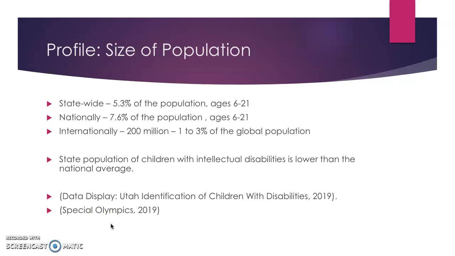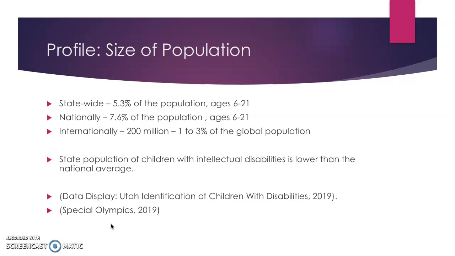So statewide, in Utah, about 5.3% of the population ages 6 to 21 is diagnosed with an intellectual disability. Nationally it is a little bit higher, 7.6% of the population, and that could potentially be because poverty and intellectual disability are related. Utah actually ranks about 41st on the list of the 51 states, with a poverty rate of 10.85%.